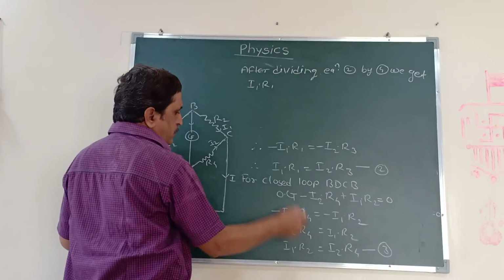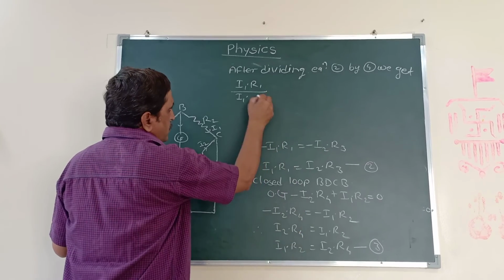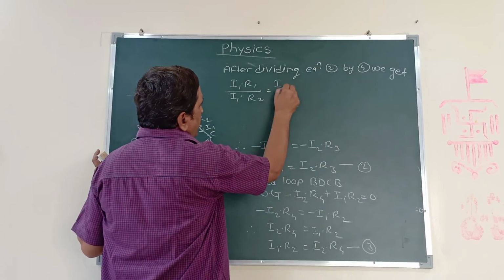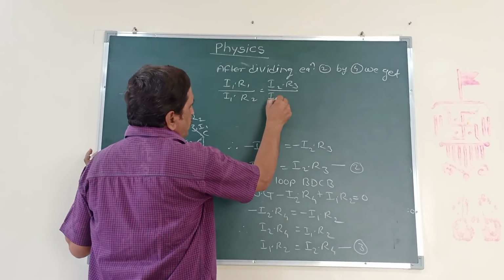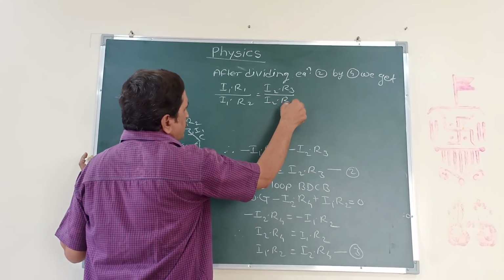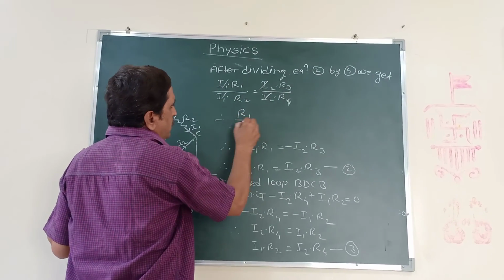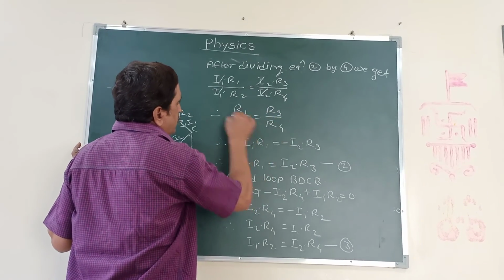I1 into R1 divided by I1 into R2 is equal to I2 into R3 divided by I2 into R4. These get cancelled, and finally we get R1 by R2 is equal to R3 by R4.